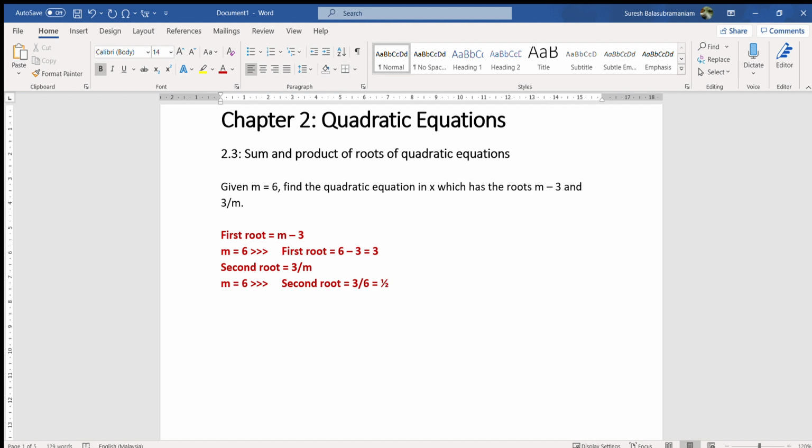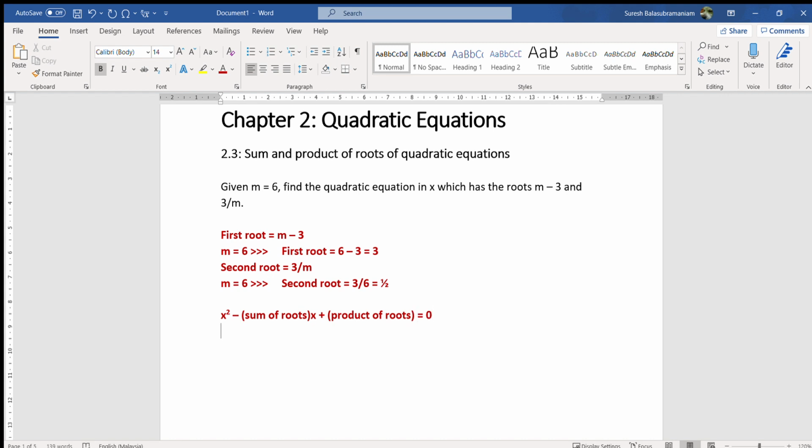Okay, so we need to find the quadratic equation. So we know the formula. The formula is to use the product of root and sum of root. So the formula is x square minus sum of root x plus product of roots equals to 0.